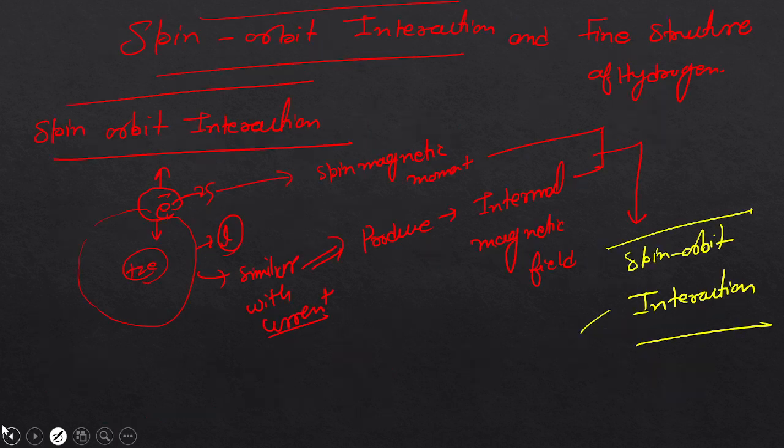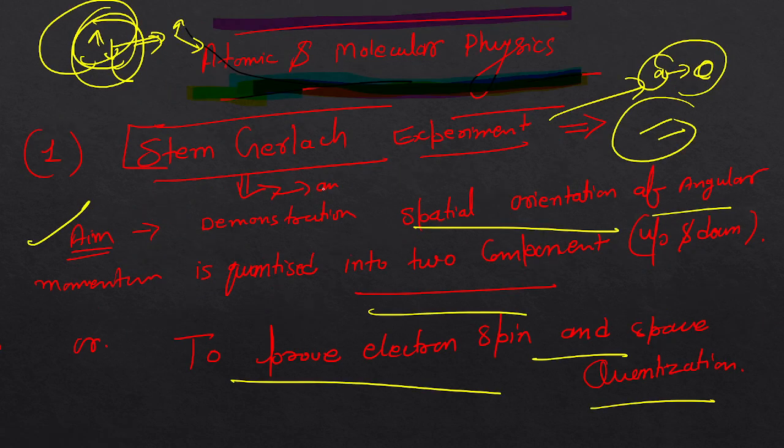So this was all about the Stern-Gerlach experiment. What did he prove? He proved that electron spin exists, and also that angular momentum is quantized in nature. The angular momentum that we consider for any particular atom or electron is the combination of the spin angular momentum and the orbital angular momentum, as we studied.